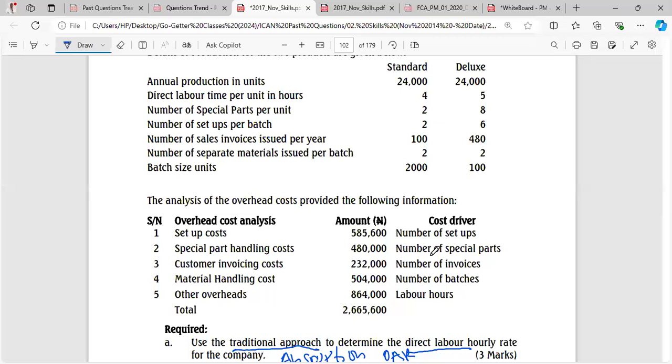They told us here that the cost driver is number of batches and not number of materials issued per batch. If they had told us number of materials issued by batch, I would have gotten the batches, then multiplied it by 2. But the language of the question says number of batches. Since it says number of batches, I'm using number of batches. It could be a mistake in the question, but we are solving it based on what we have in the question.